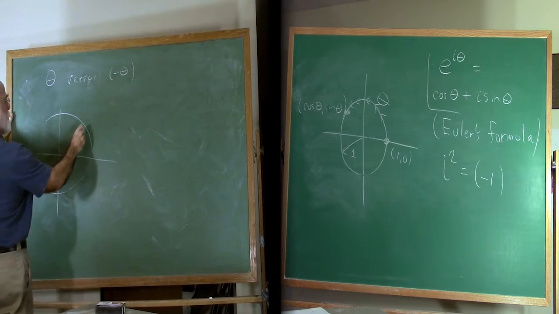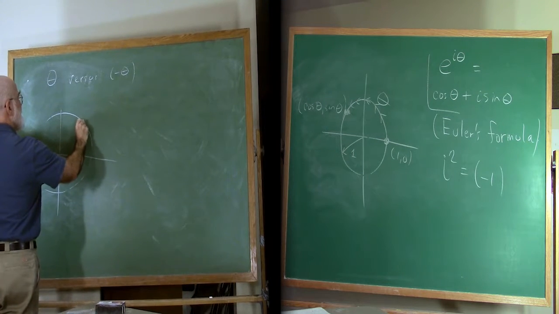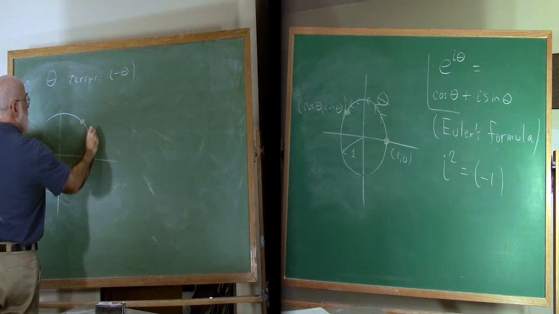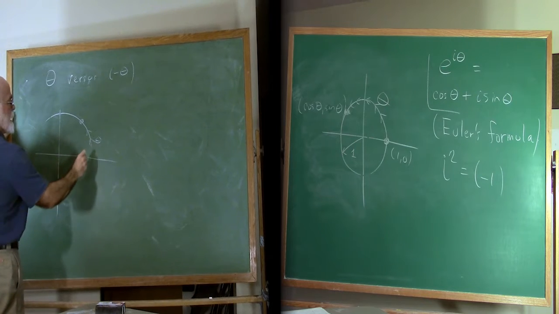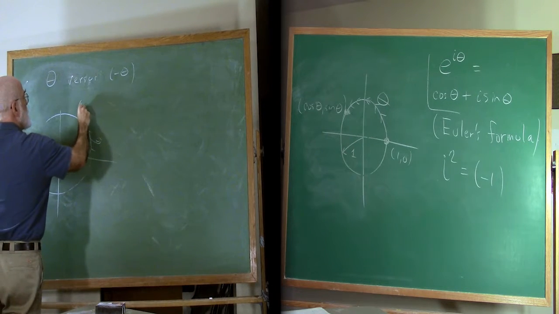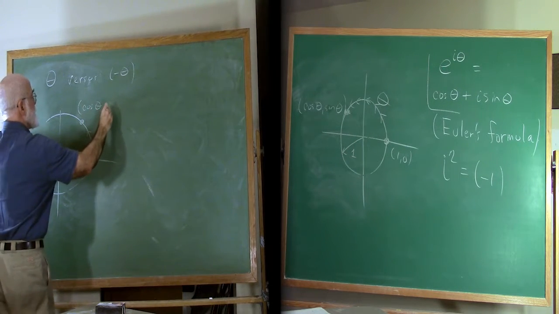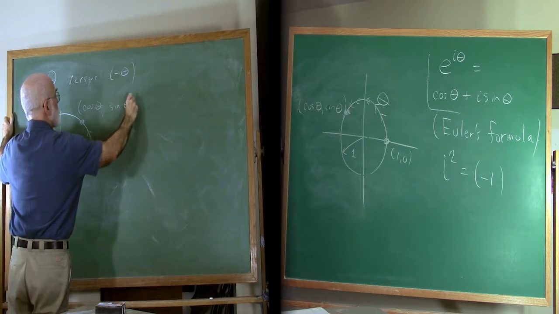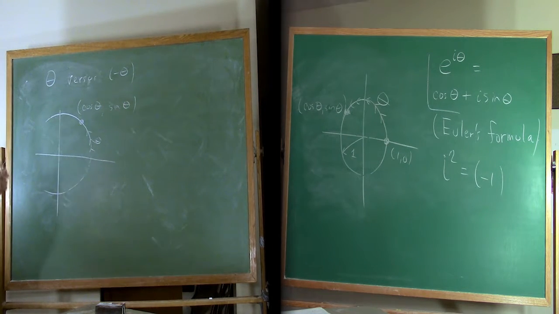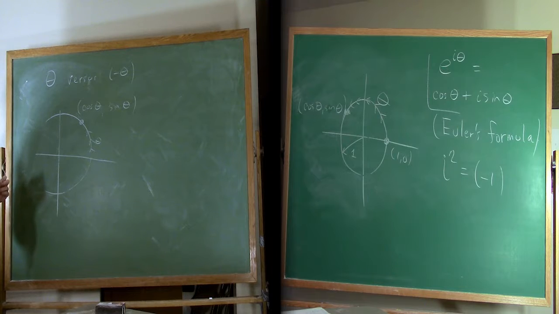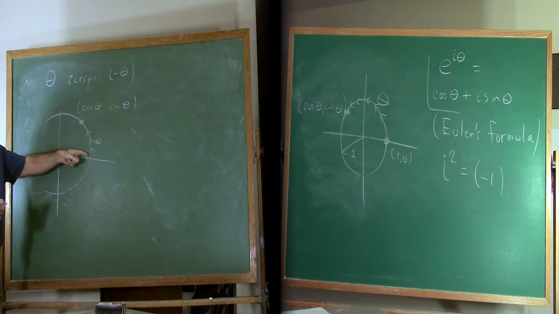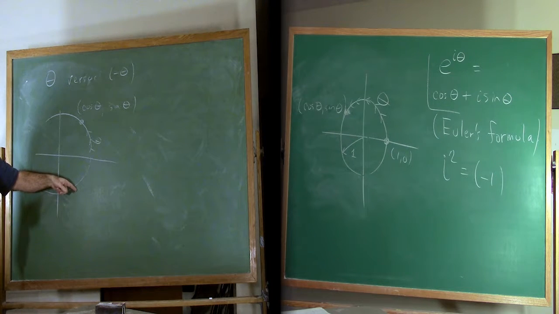Let's say we put theta right about here. There's a length of theta. There's cos theta, sine theta. Negative theta means the same length, but in the opposite direction.